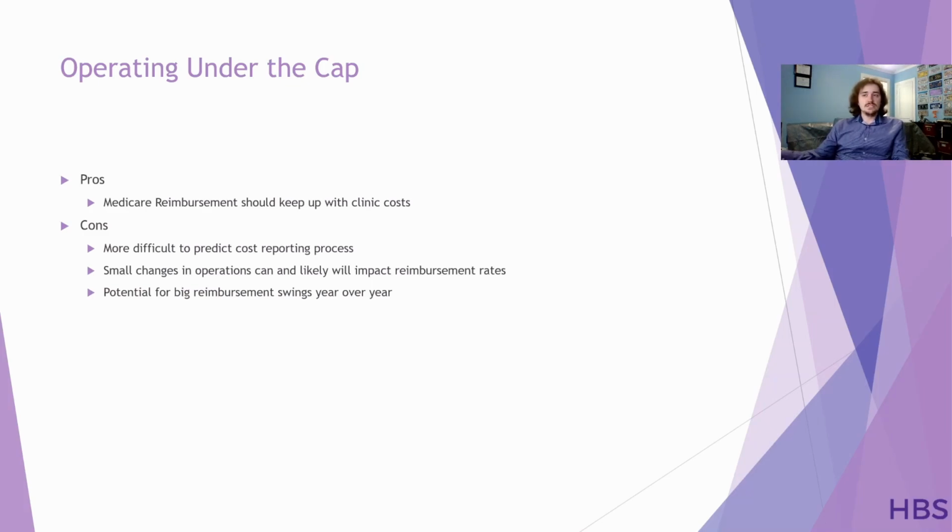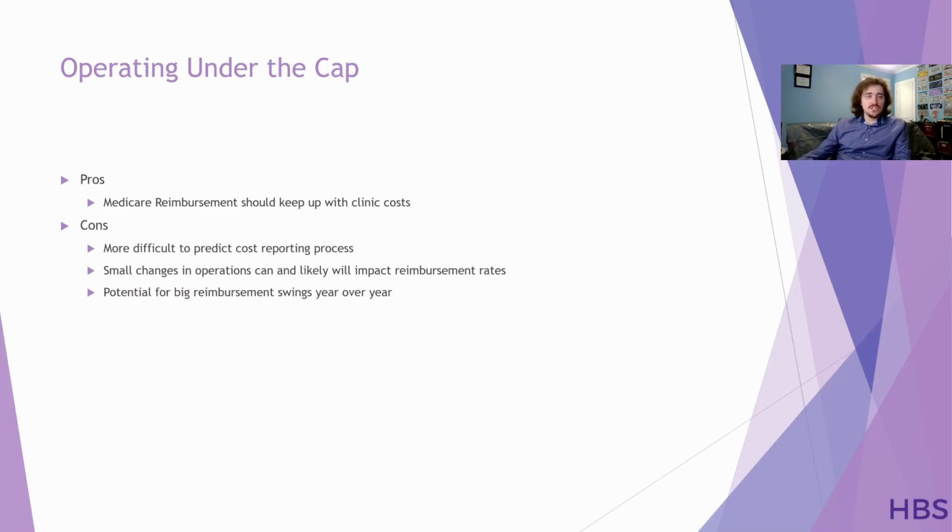So that's why it's super, super, super important to be aware of your costs, be aware of your visits, and then be aware of how individual items are impacting your cost report. This is one reason why we're trying to go through and talk about all these different things that impact your report and put out these informational videos, so that you can be aware of a lot of these things and be on the lookout for these kinds of changes.